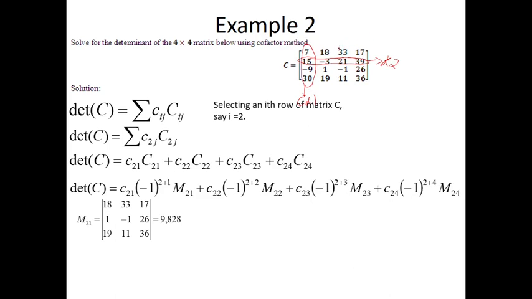In that case, what is left are the elements 18, 33, 17 that will be written here. Then we have 1, negative 126 written in the second row, and 19, 11, 36 written in the third row of the minor, the minor in the second row, first column. And in that case, the result will give us 9,828.